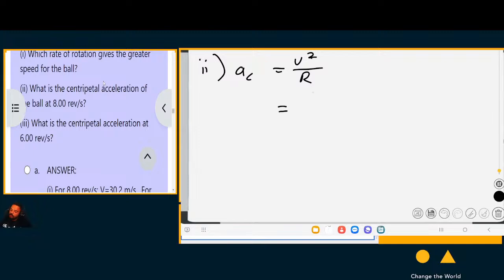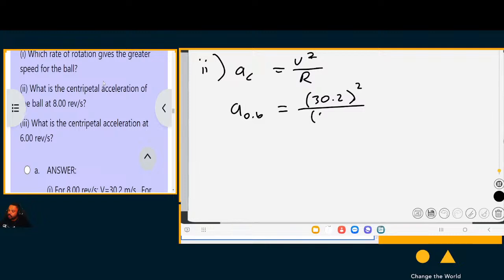We've already worked out for the 0.6 one. For the 0.6 meters radius ball, the speed is equal to 30.2 meters per second. We square that.